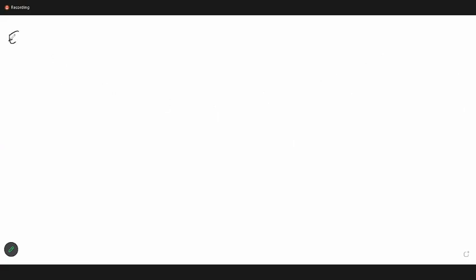Then our third problem is the limit of tan x over x when x approaches 0. This is the third problem. Now it is easy. You know what tan x is. Tan x means sin x over what? Cos x.